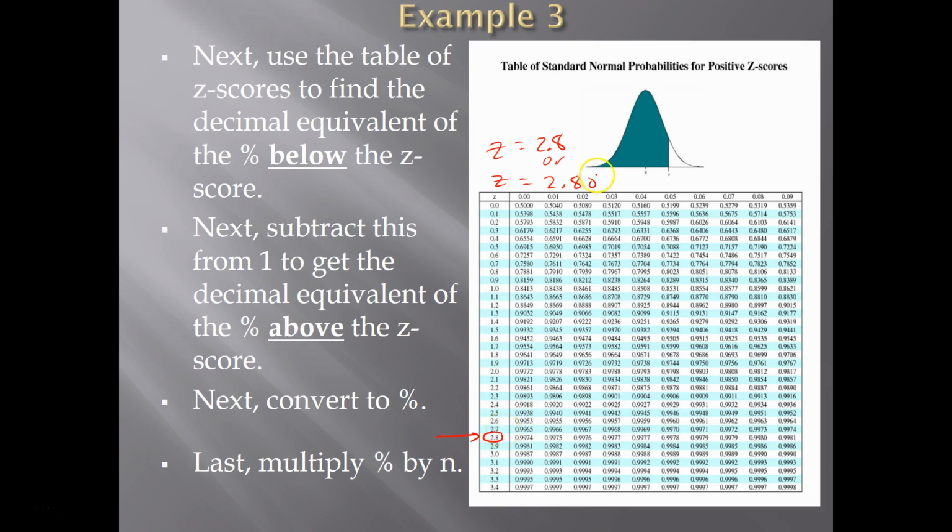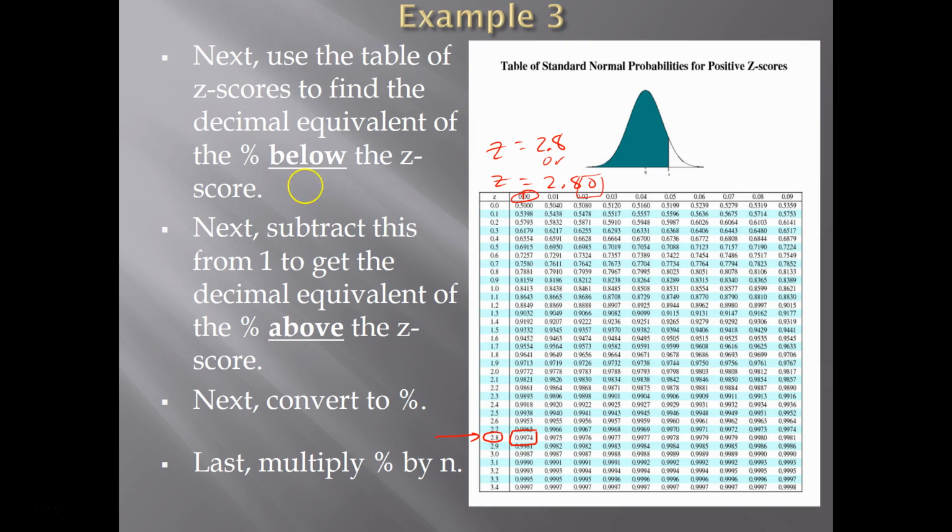Now, because the second digit is a 0, I need to be looking in this column right here. So I need to look in this row here and this column here. So together that puts me right there. Okay, so that says 0.9974.